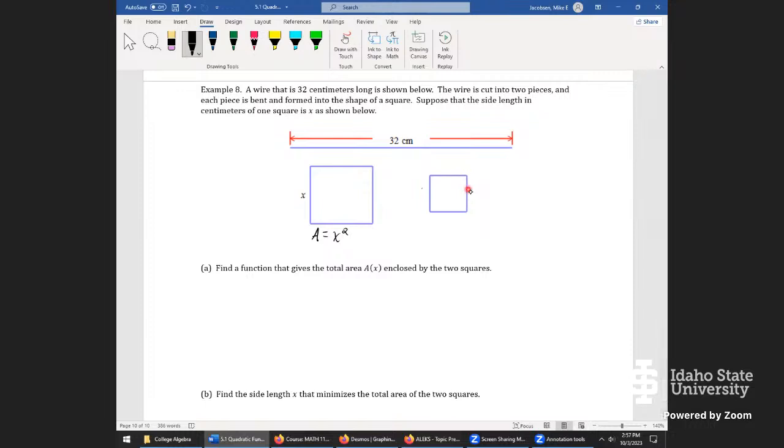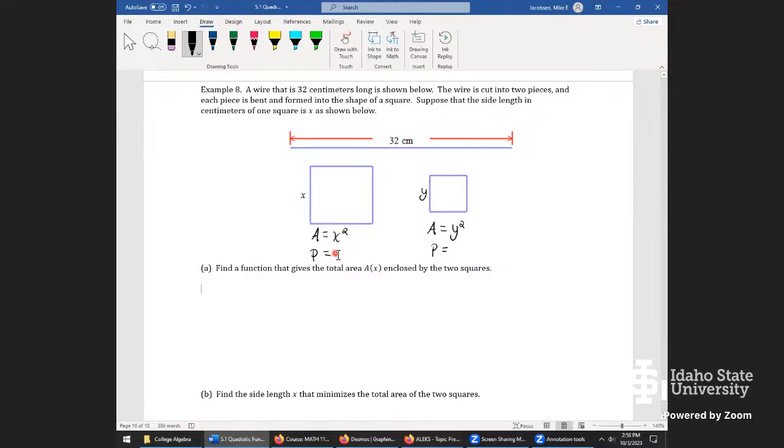So let's call it maybe variable y. Then the area of this second square will be length times width. Well, length and width are the same, so it's y times y, for a y squared. So we've got a couple formulas down. We have an area formula. And because we're dealing with something that's 32 centimeters in length total, we also have 2 perimeters to worry about.